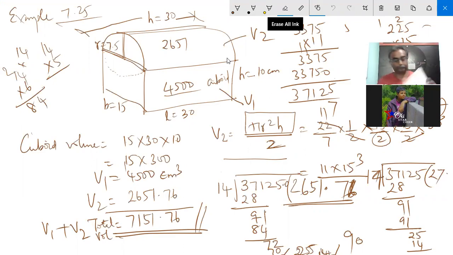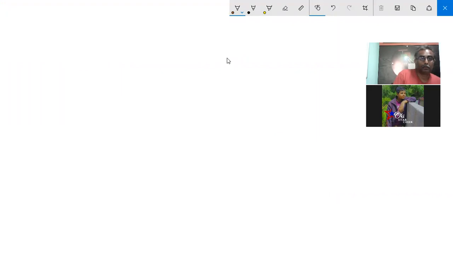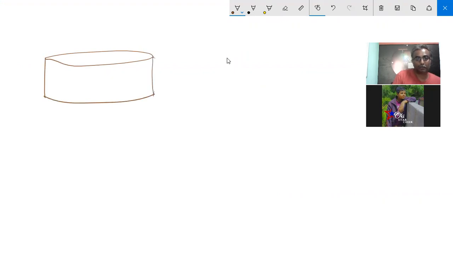Are you following? Sir. This is the cylindrical part. Okay. This is R. This is H. Then this is the conical part that is sitting on top.